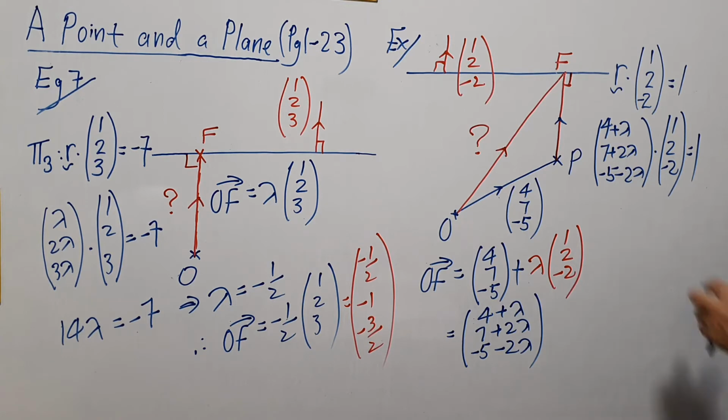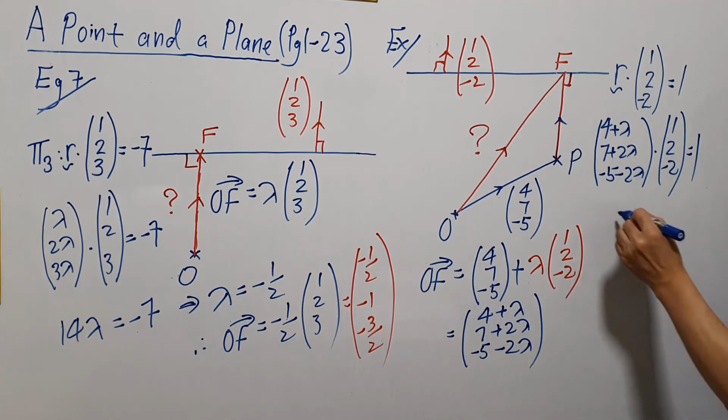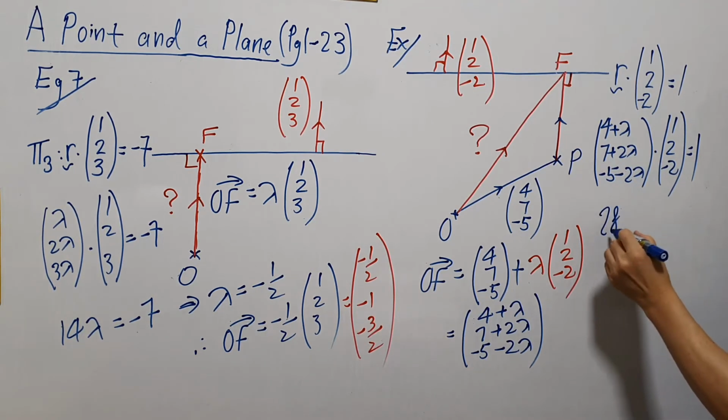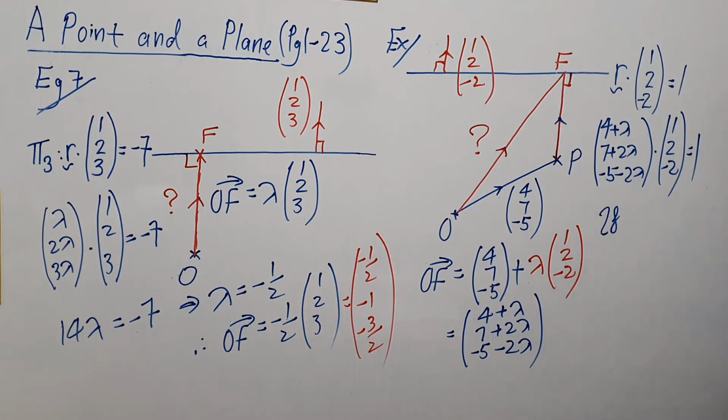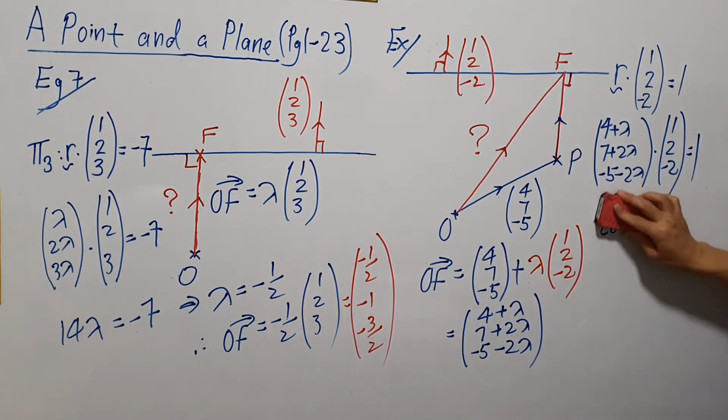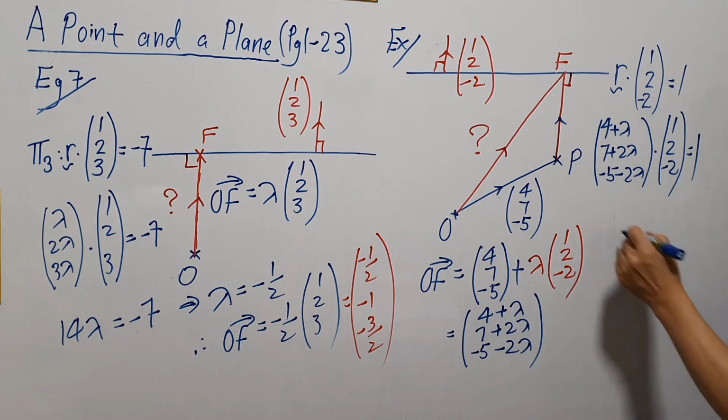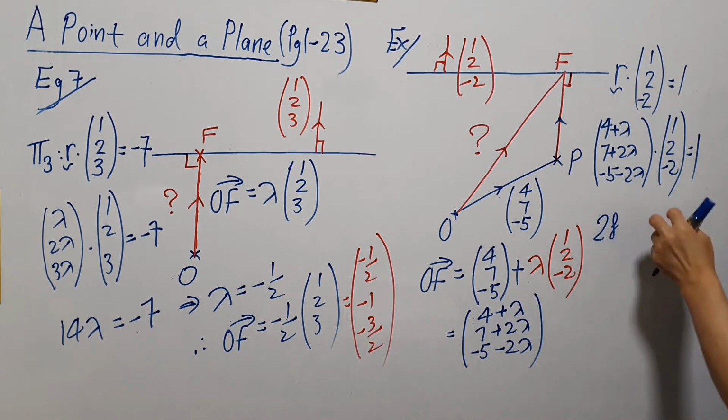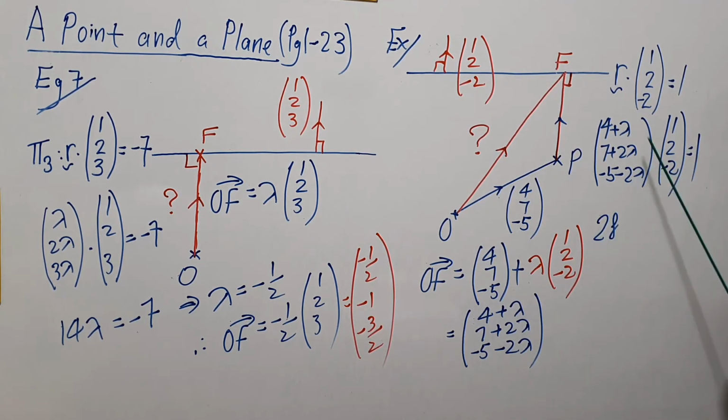So I'm going to do my arithmetic. This will give me 4 plus 14, 18. 18 plus 10 is 28. And then what we have here is 28, and then this is going to be 1 lambda plus 4 lambda plus 4 lambda.